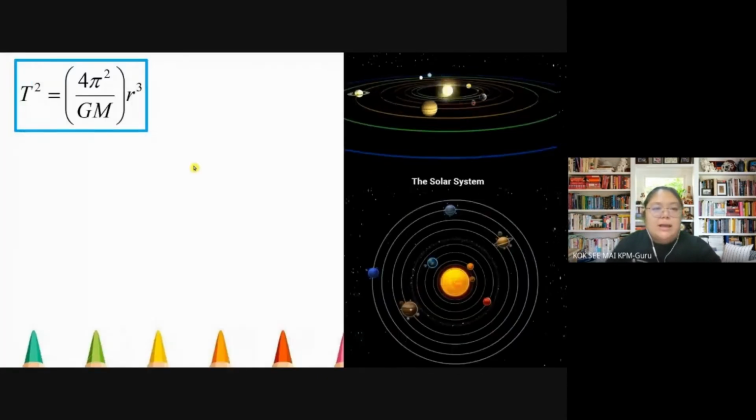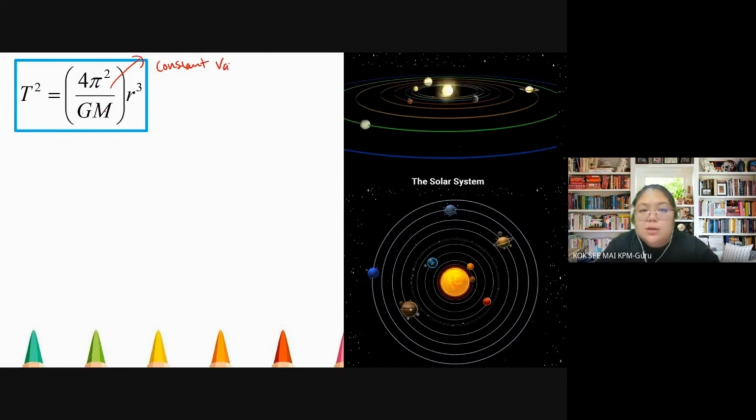Okay, so now I get this one. Why do I put the bracket? I want to show you 4 pi squared over GM. G and M are constants. What's G? The gravitational constant. What's M? The mass of the sun. We know already, that's a constant value. 4 pi squared is also a constant value. So this whole thing is actually a constant value.